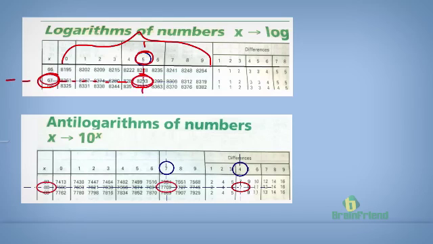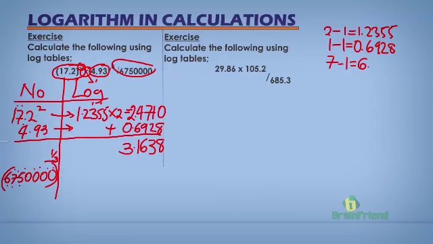And at that point, we have a value 8293. It means, therefore, that the logarithm of 6,750,000 is 6.8293. So we put down our values in our table. 6.8293.